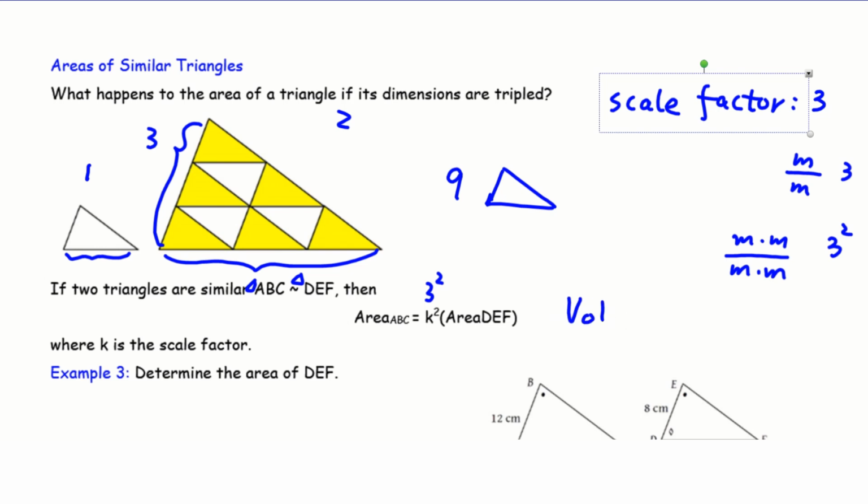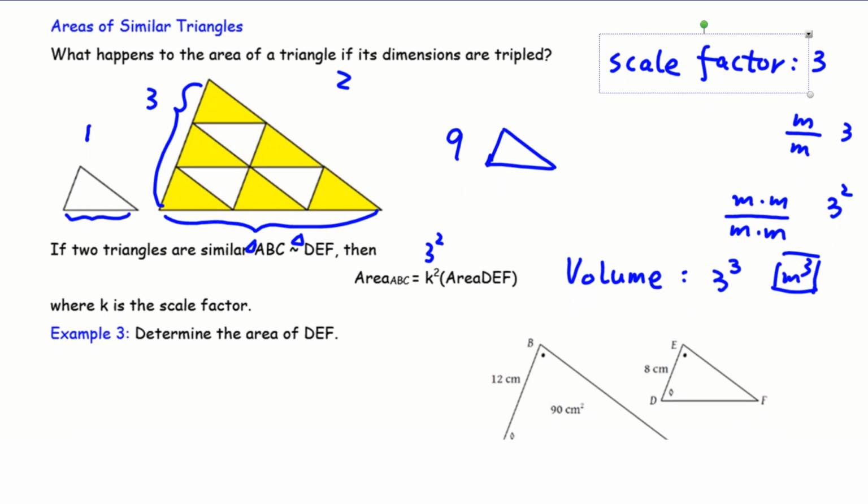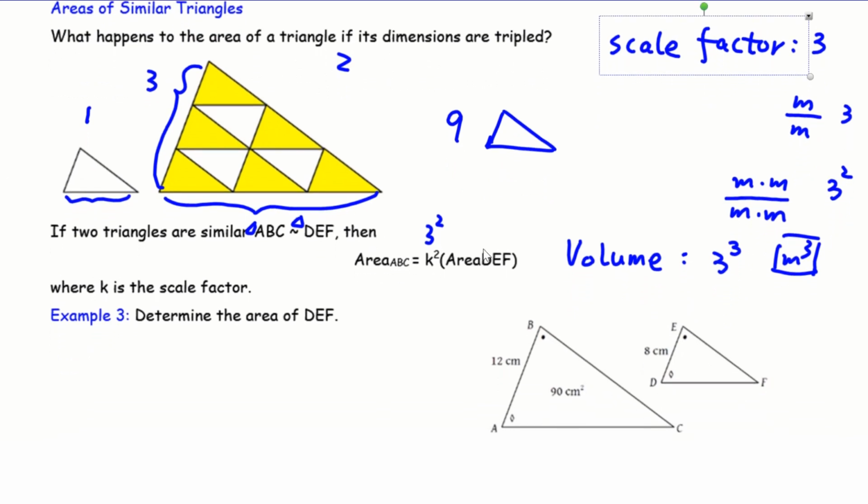So if 2 shapes are similar, then the volume will be the scale factor cubed, same as the unit. So meter cubed, then the volume will be the similar shapes' scale factor cubed.